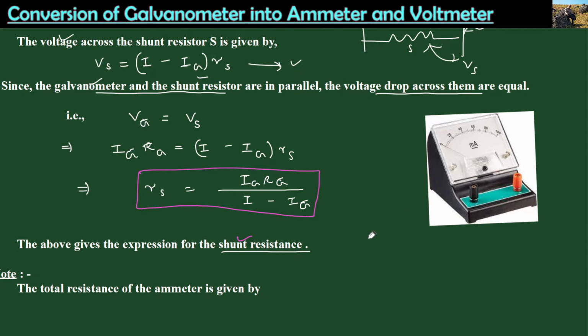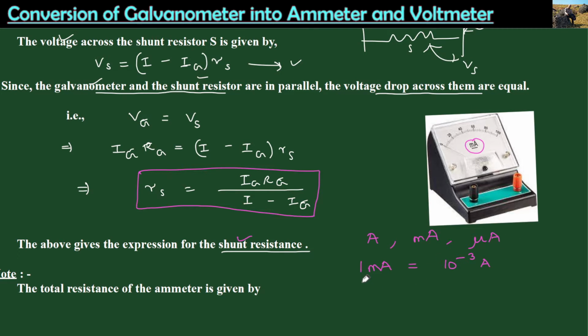We have different ranges of ammeter: ammeters written as A, ammeters written as mA, and ammeters written as μA. The importance of this is that 1 milliampere is equal to 10 to the power minus 3 amperes.